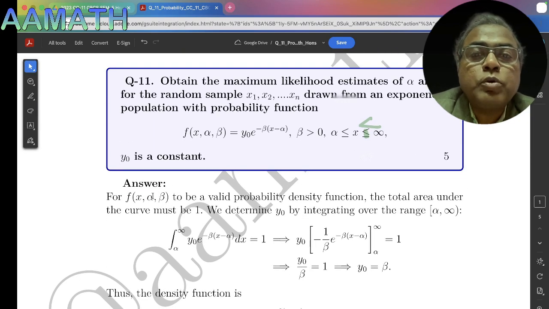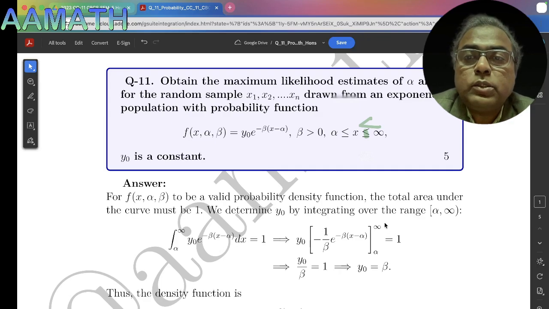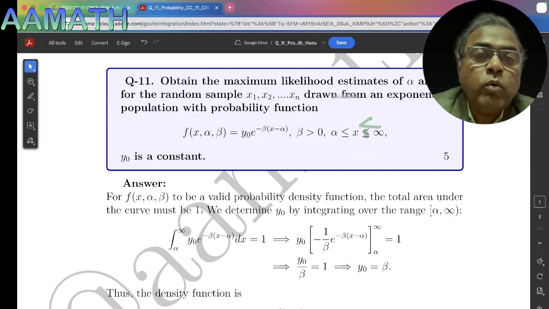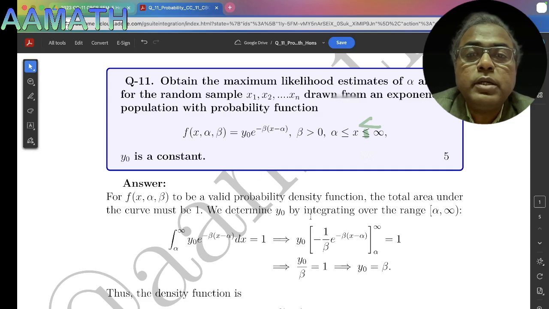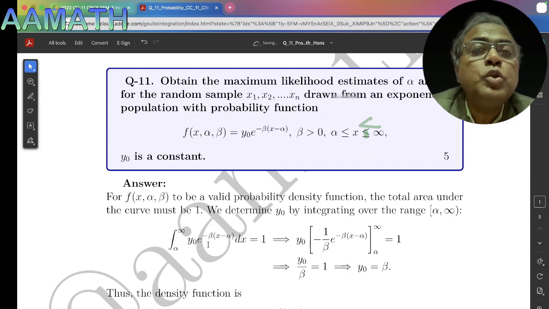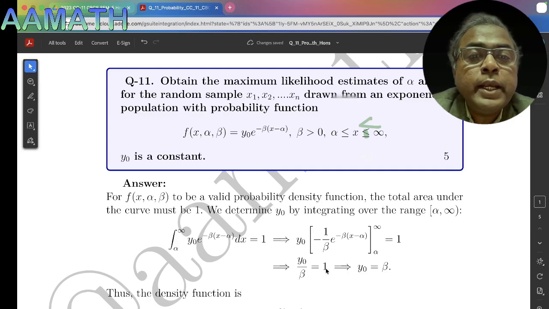For this probability density function f, the total area under the curve equals 1. So we determine the constant y0 by integrating over the range alpha to infinity: the integral from alpha to infinity of y0 e^(-beta(x - alpha)) dx equals 1. Integrating e^(-beta(x - alpha)) with respect to x, we get minus 1 by beta.